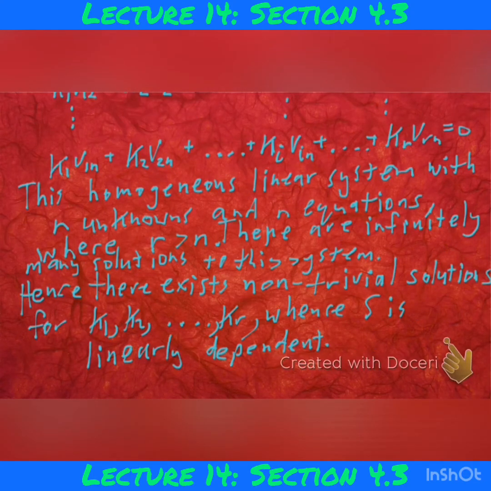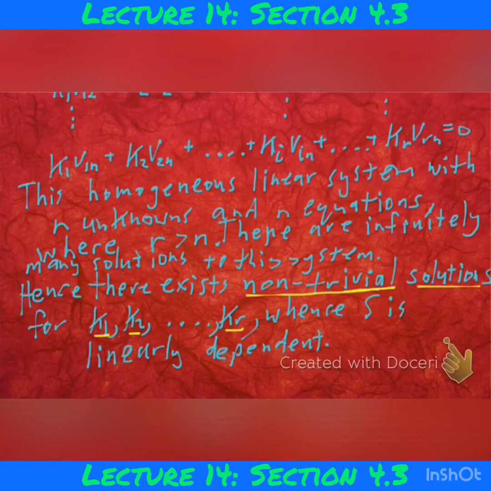All right, so there exist non-trivial solutions for the scalars k1, k2 up until kr. Because remember, this linear system has infinitely many solutions, so we can find a non-trivial solution for k1 up until kr.